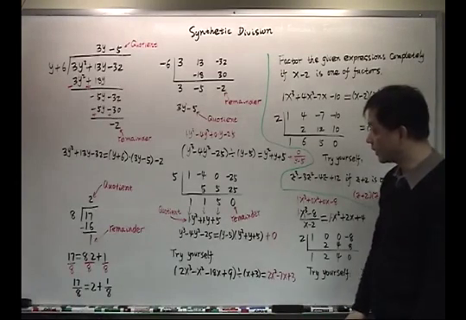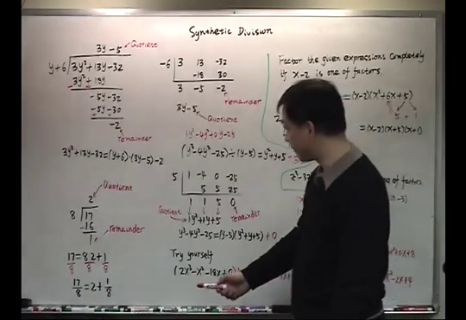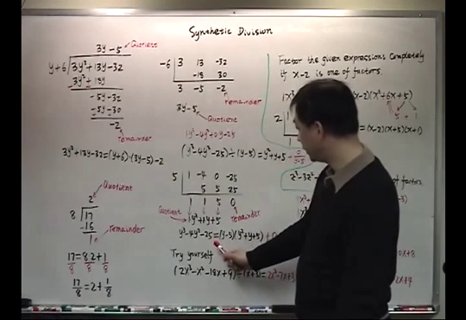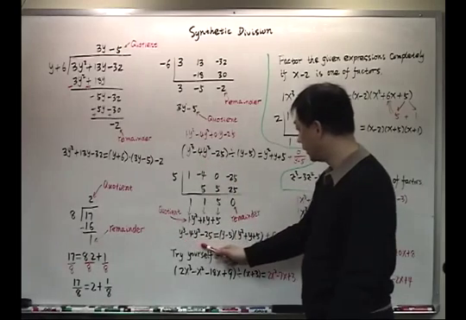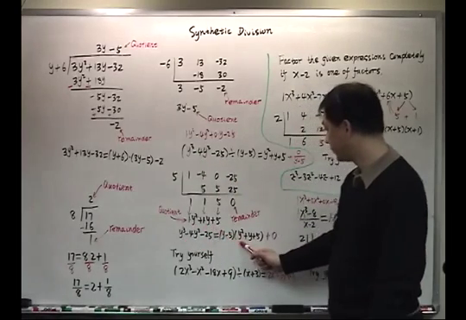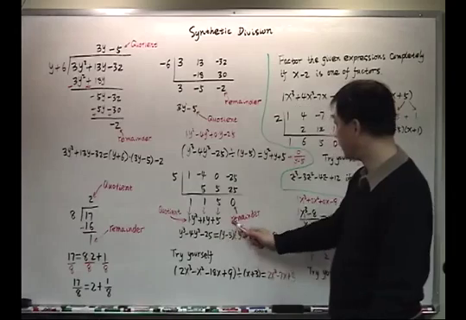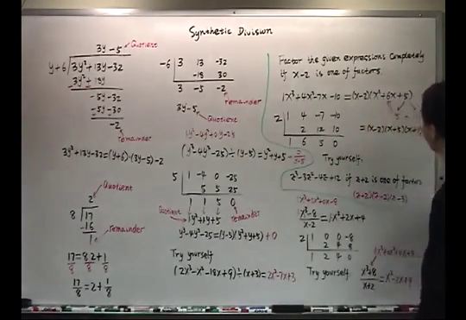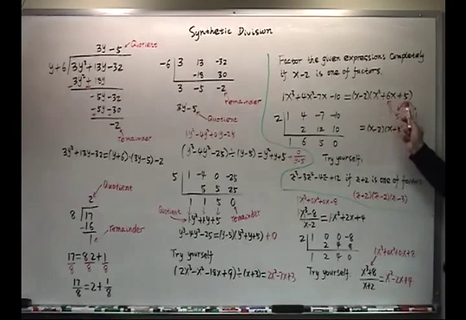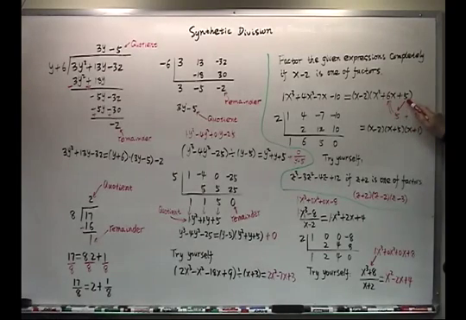Okay, it's like here again. The original expression equals the quotient times the divisor x minus 2. So it's like this place. Now you want to factor this one. Break up 5 into two numbers. 1 times 5 is 5.